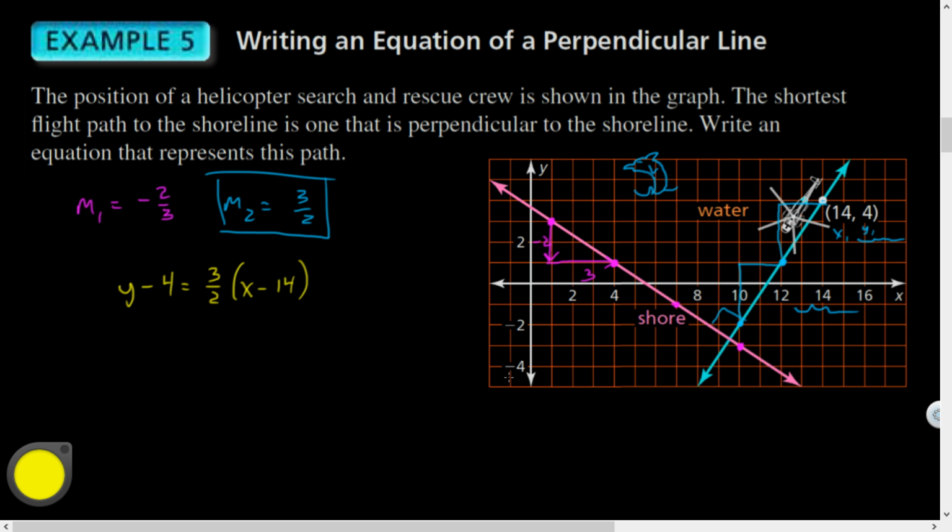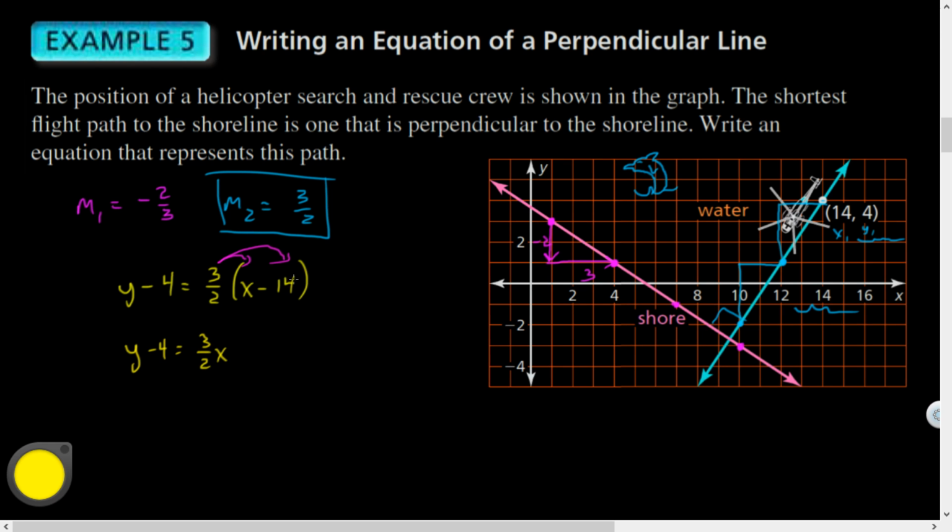All right, let's switch this into slope-intercept form for funsies. Do some distributing. We're not going to lose another life to dolphins. y minus 4 equals 3/2 x, minus 3/2 times 14. Now I could do 14 times 3 and then divide by 2, but 14 times 3 is starting to maybe get out of the range of my multiplication tables, perhaps.